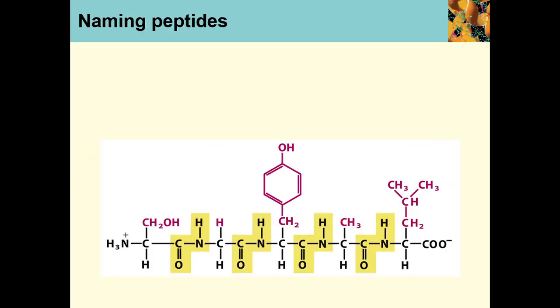So there are rules in naming peptides. Since we have here a polypeptide, then we should give a name to this peptide. So the first one is to locate the N-terminal residue. I mentioned that's the free amino group. That's the end wherein you will find the amino acid with free amino group.